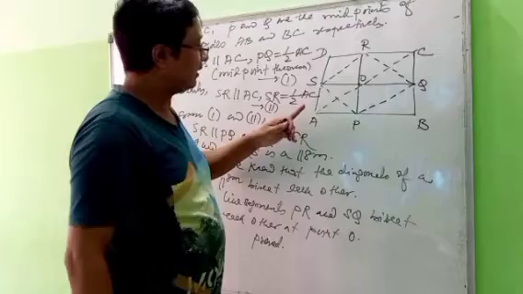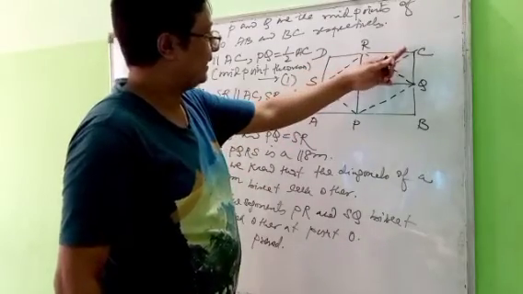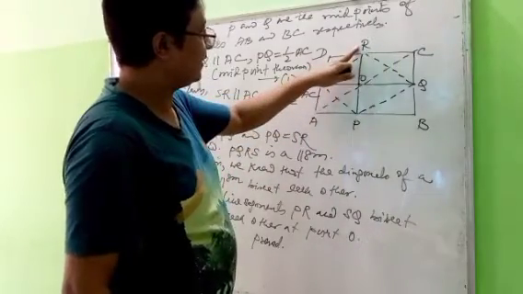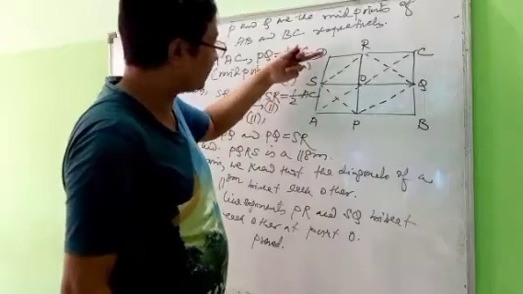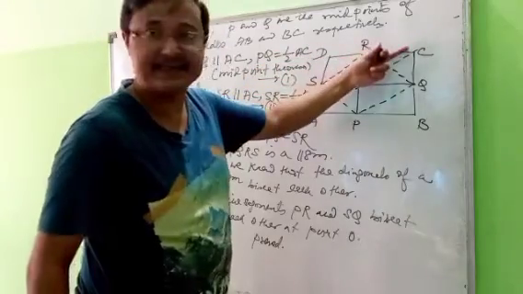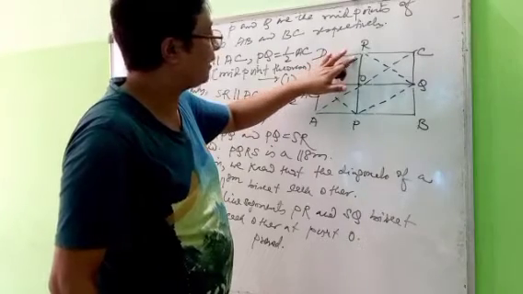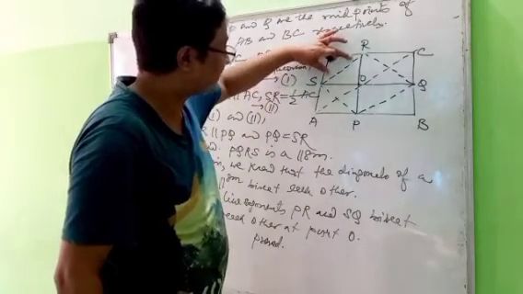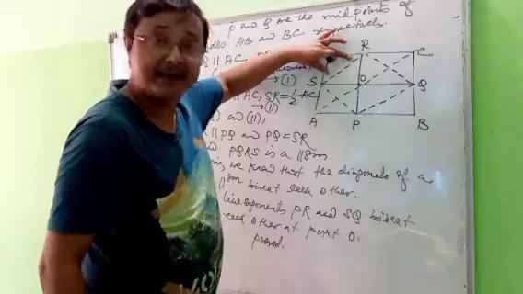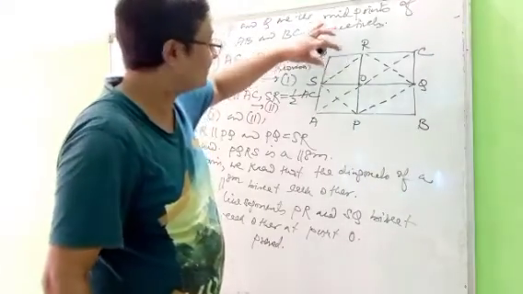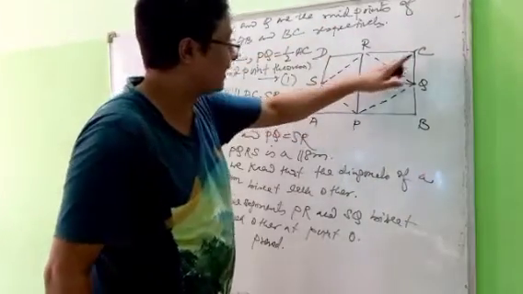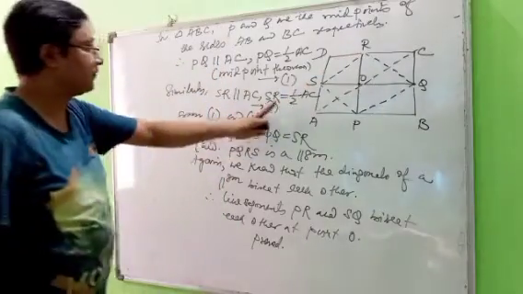Then from the triangle ADC, S and R are the two midpoints of the sides AD and DC. So you got that the line segment SR will be parallel to the third side. So that means SR is parallel to AC, SR is half of AC.